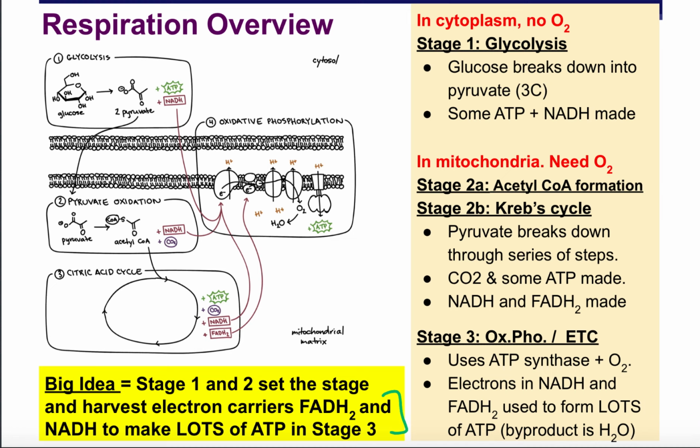Now you'll notice the last stage didn't use oxygen, but it won't happen without oxygen, and I'll explain why in the next lecture when we go over stage 3. There's a reason why it cannot happen without oxygen being present, and it has everything to do with the reactants that are needed for it.